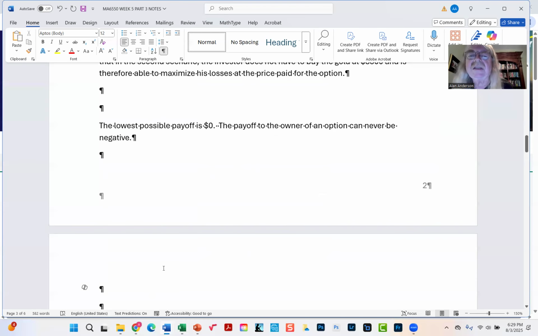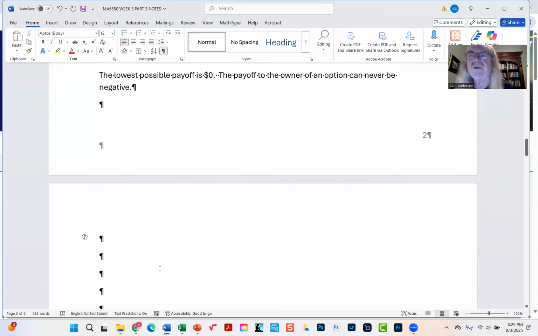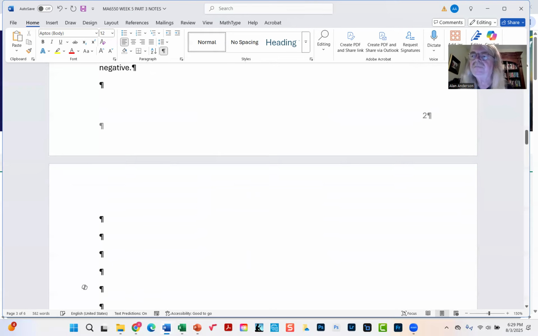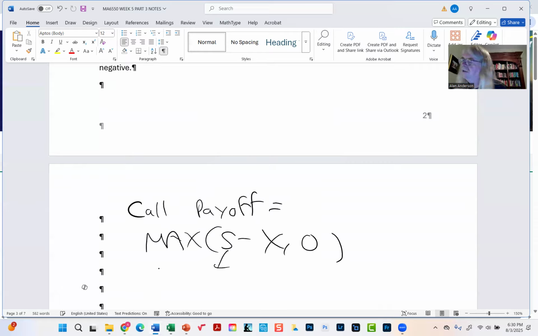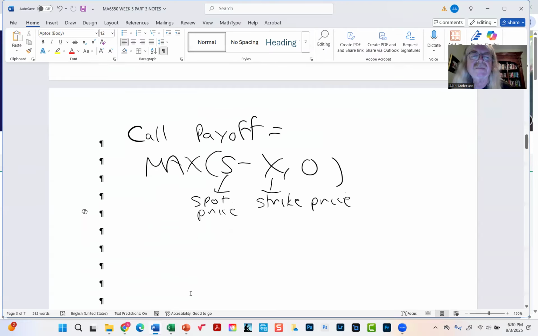Now, what we're going to do is actually summarize this with some algebra. It's going to be written like this. S is the spot price of the asset. X is the strike price of the option. Max, of course, means maximum.